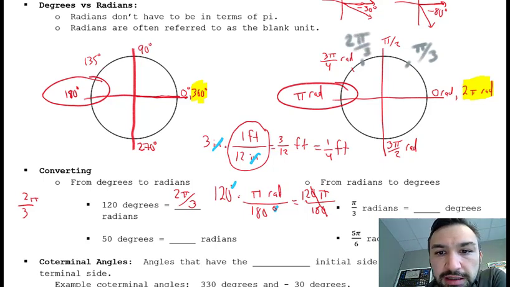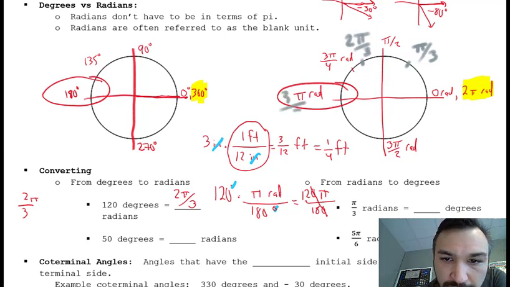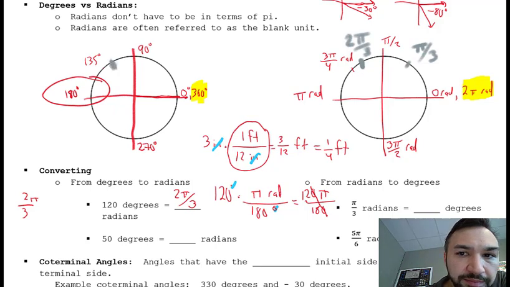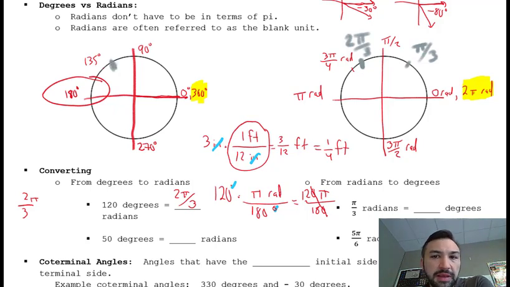Add that amount again to get to 3/3 pi, which of course reduces to 1. So it lands right here, and over here we can see 90 and 135. It's going to be in the same spot. So my unit conversion, I can visually see that checks out.